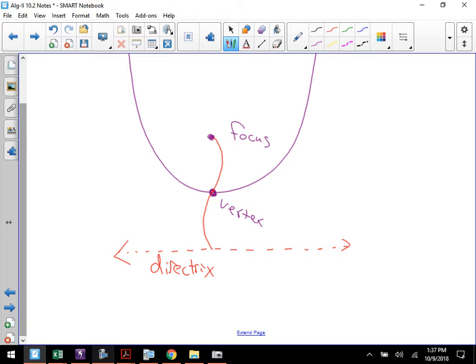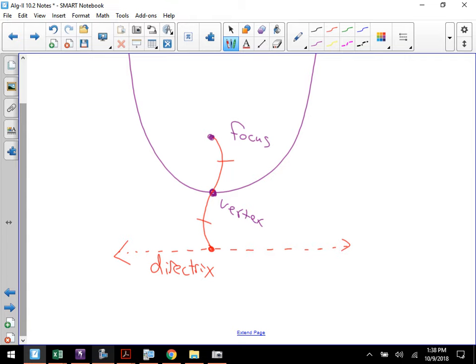This directrix is the exact same distance away from the vertex as the focus is. So if the distance from the vertex to the focus is 3, the distance to the directrix in the opposite direction is also 3, but going the opposite way, it would be negative.